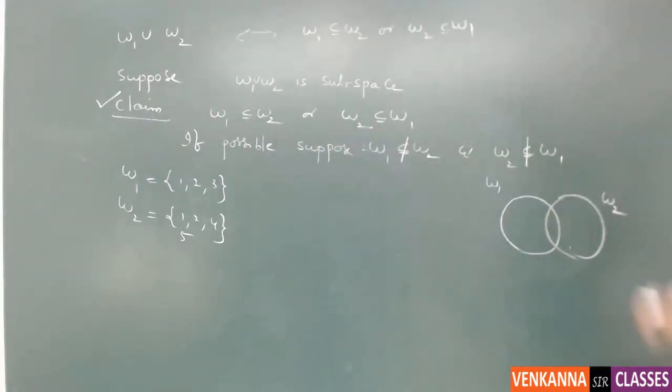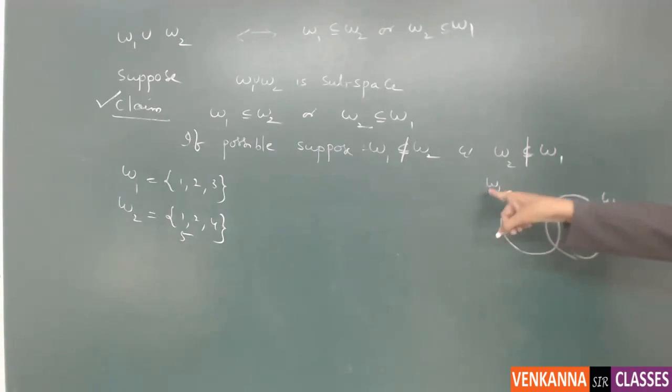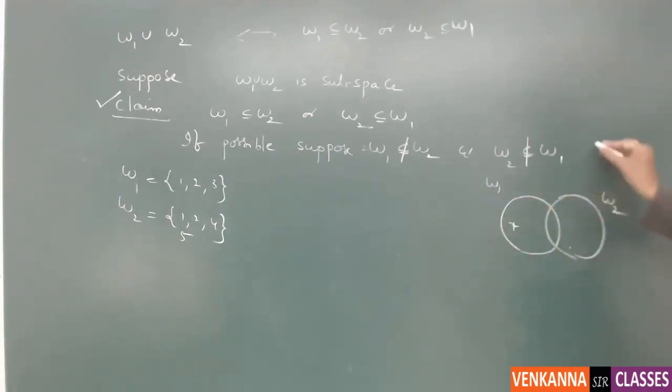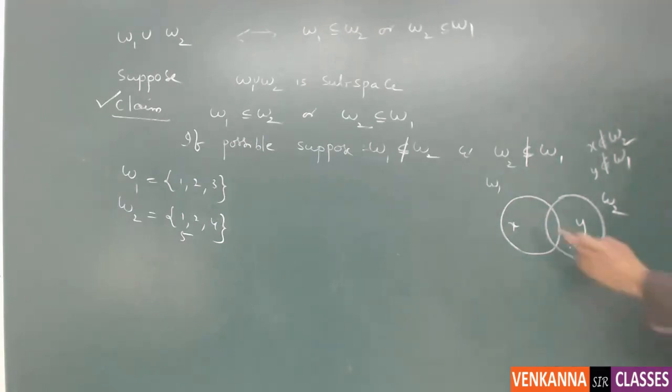Let us take that there is an element X which belongs to W1 only, which is not there in W2. Similarly, exclusively you can find an element Y in W2 such that Y does not belong to W1.